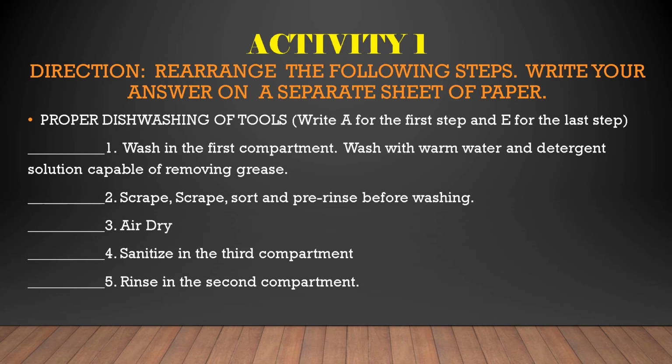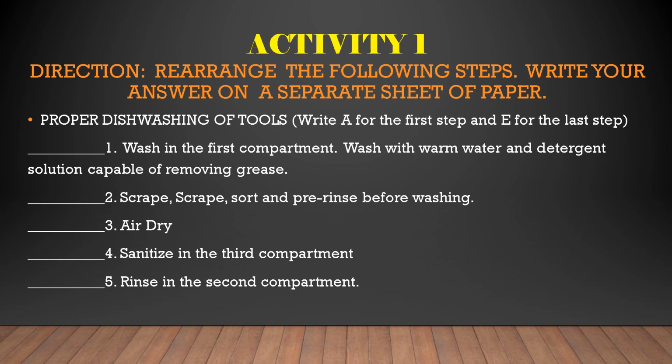So you have to rearrange the following steps, and write your answer on a separate sheet of paper. So this is the proper dishwashing of tools. So you have to write A for the first step, B for the second step, C for the third step, D for the fourth step, and E for the last step. That is your activity 1.